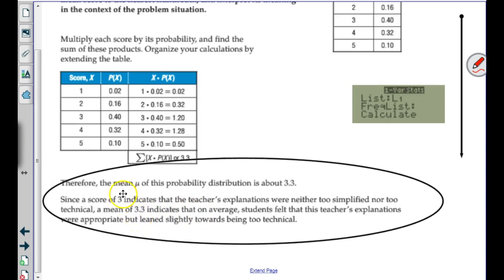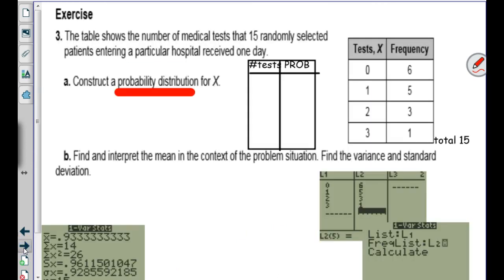So it meant that the explanations were kind of right in the middle, not too technical or too simplified. There was a little bit leaning towards them being too technical. I guess that was the high score. All right, I'm just trying to interpret this.